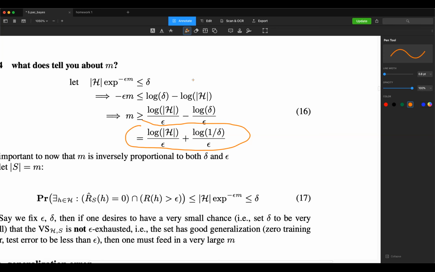So in many cases, you will find the m function is actually written in terms of epsilon and delta, which is something of this form. So some of the papers are actually written in this kind of form. But yeah, just reflect that.